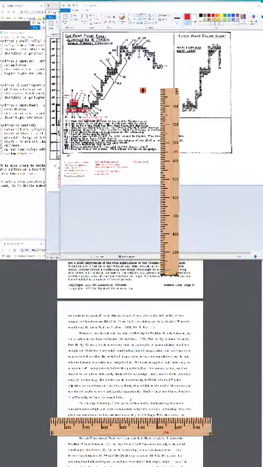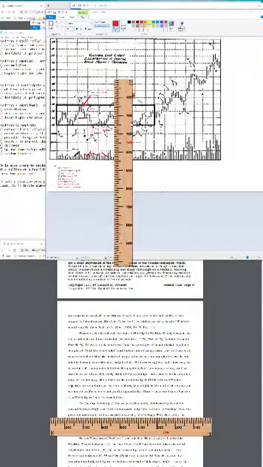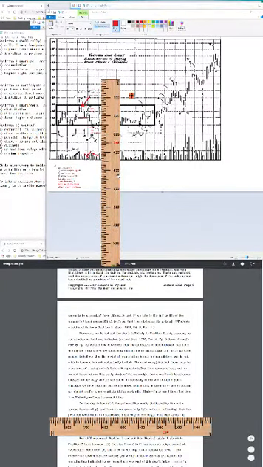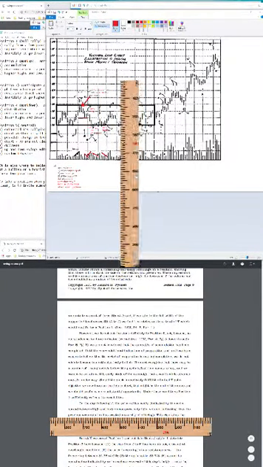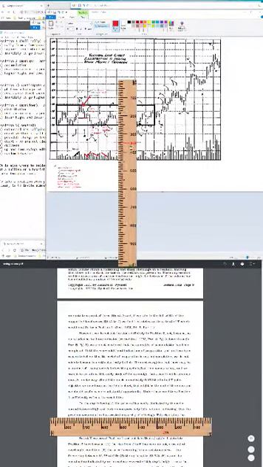Okay, this is important. On J, it rallies. But you see, sometimes we don't understand what the rally means.